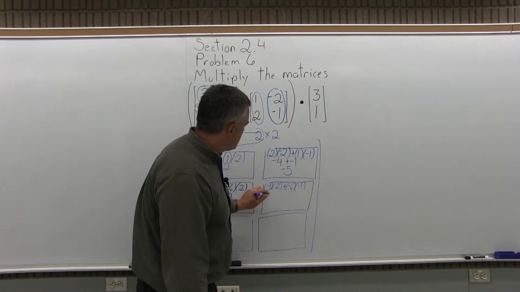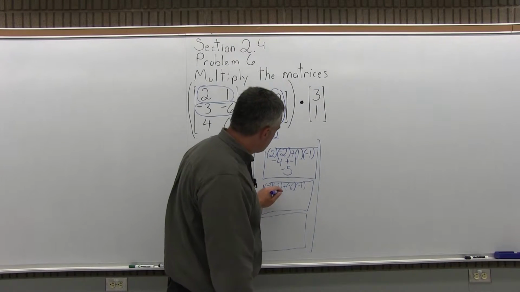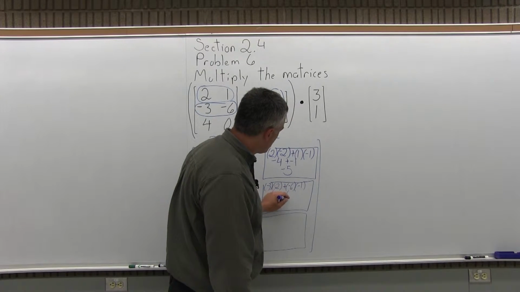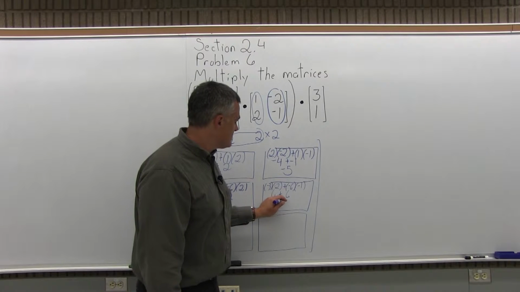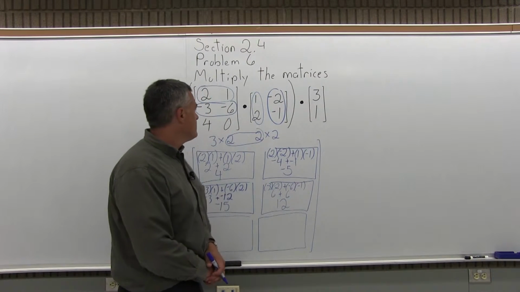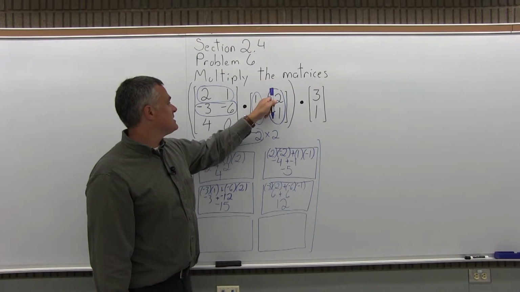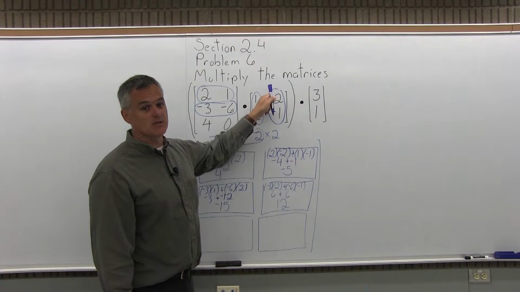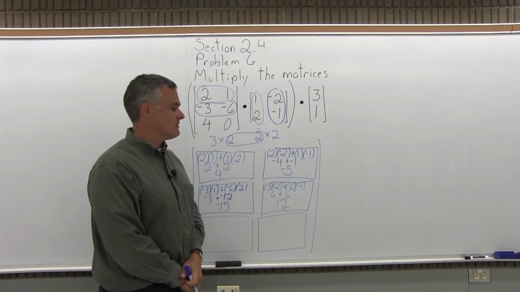So first times first, -3 times -2 is +6. And then second times second, -6 times -1 is +6 again. So +6 plus another +6 is +12. And again, what I did is I multiplied the middle row of the first matrix times the second column of the second matrix, and the solution I got went in the middle row and second column of the solution.